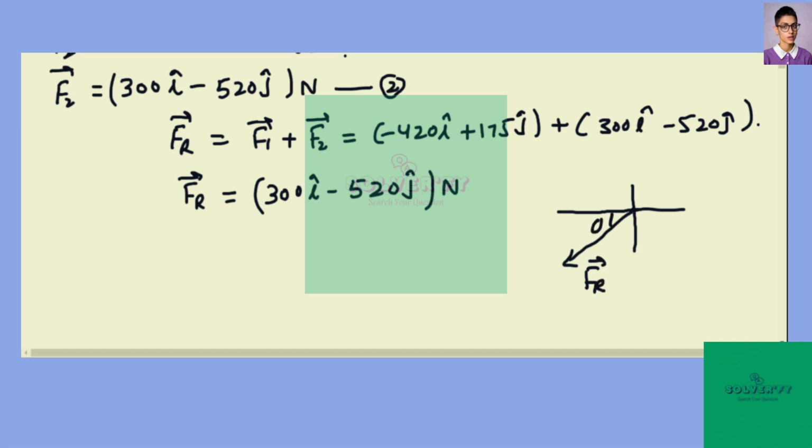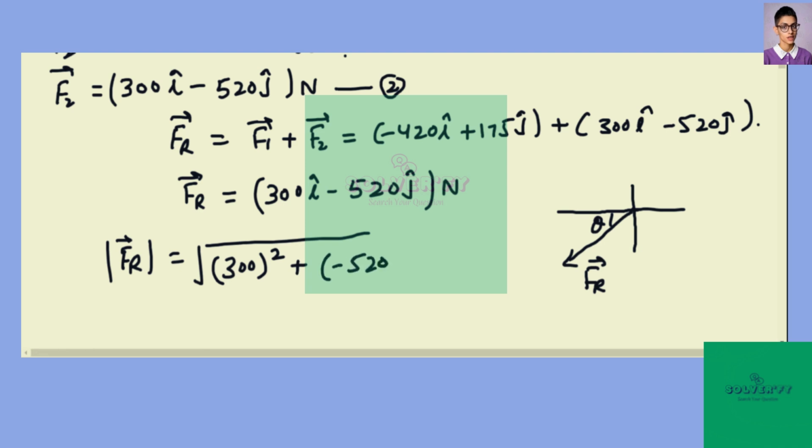This angle you can find. The magnitude of resultant force is root of 300 square plus minus 520 square. On simplifying, this value is 365 Newton.